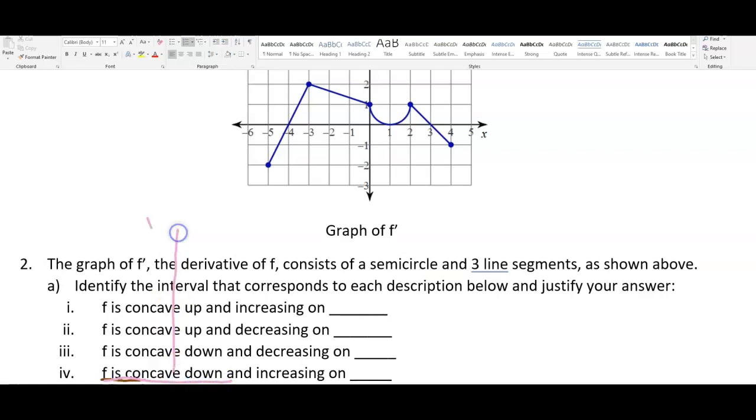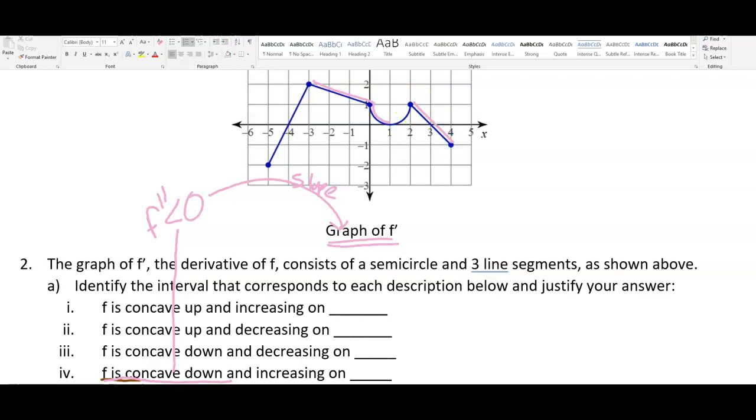Concave down. Once again, that means the second derivative is less than 0. And for the graph that we're looking at, f double prime is less than 0 as the slope of that function anytime this function is decreasing or going downwards. So f double prime, we've already said earlier, was negative here, here, and here.